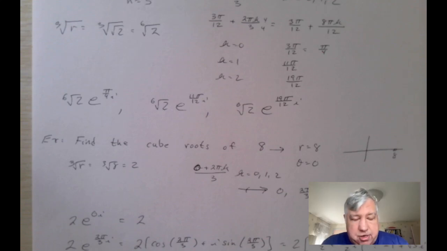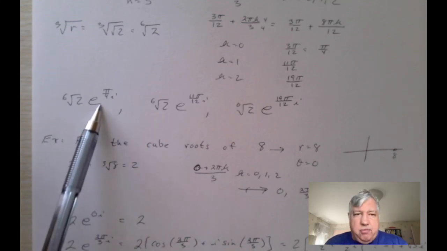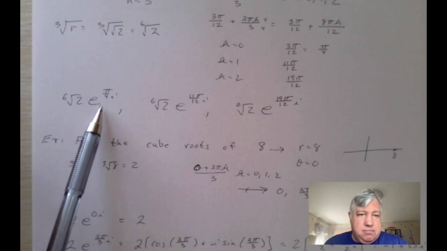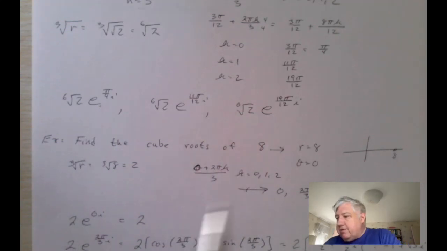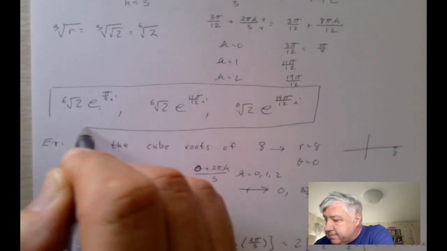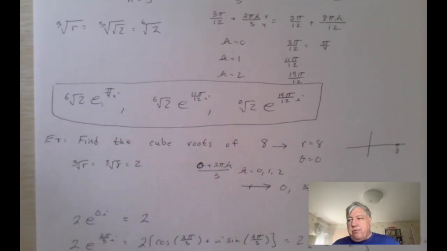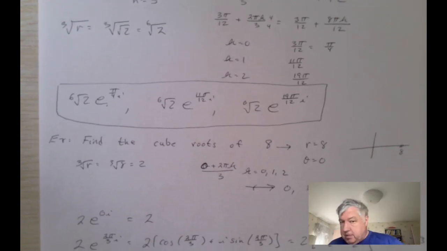If you wanted to, you could write these as cosine and sine. We have memorized sine and cosine of pi over 4, but these others maybe not. So if you want to leave it like this, I completely understand. Okay, so those are the cube roots, and of course, none of these are real, it turns out.